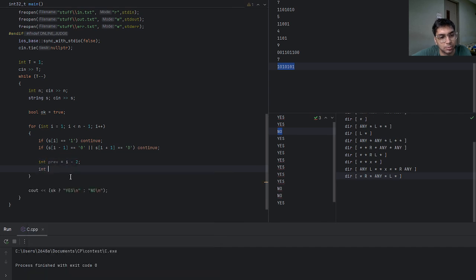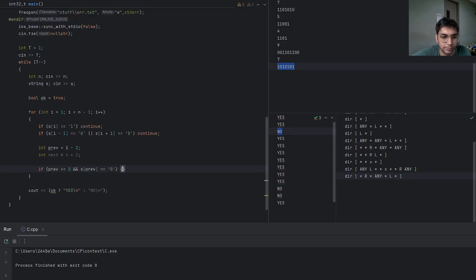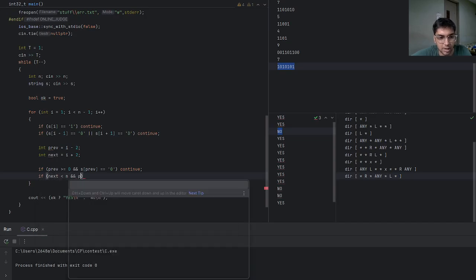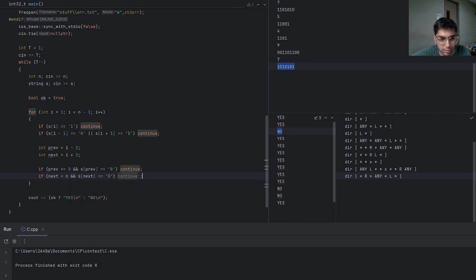I minus 2, next is I plus 2, if previous is greater than 0, and s of previous is 0, continue. If next is less than n, and s of next is also 0, also continue.